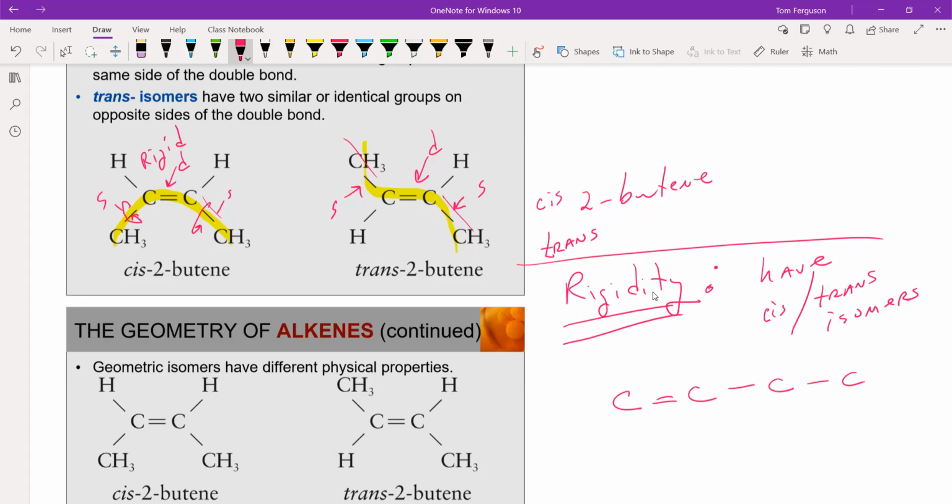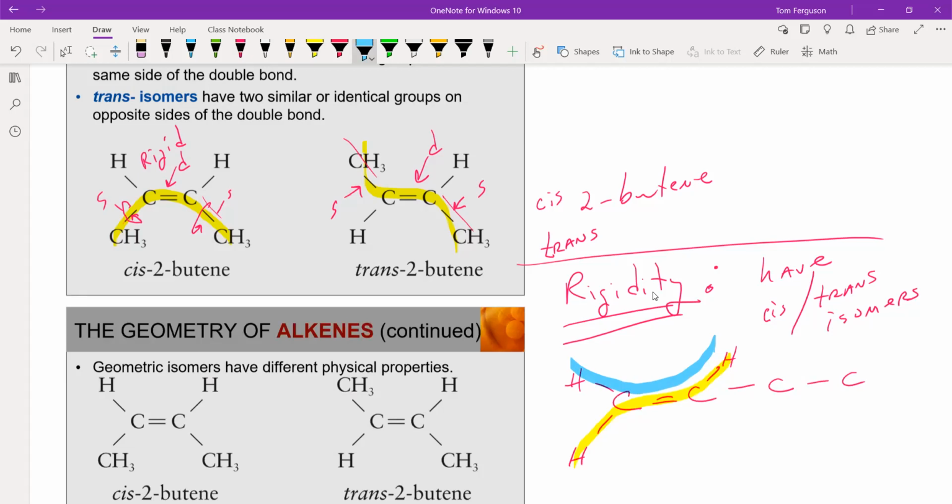So if we put the hydrogens in, we don't have the difference between cis and trans, because it would be trans, it would be cis.